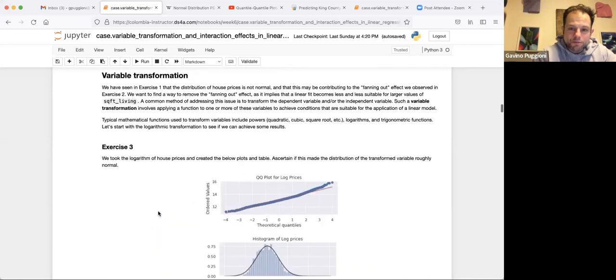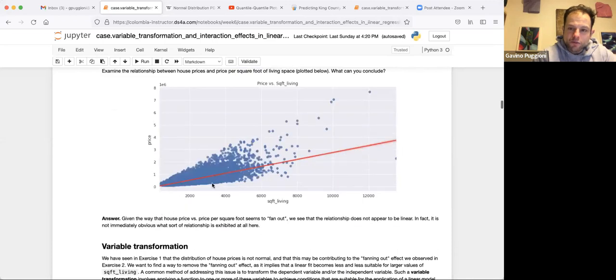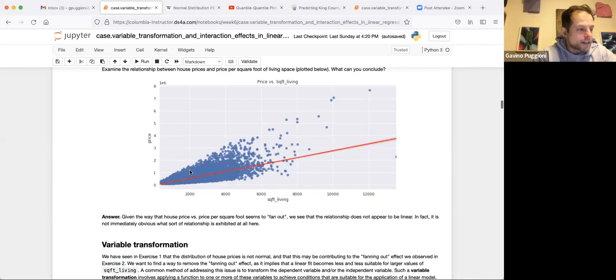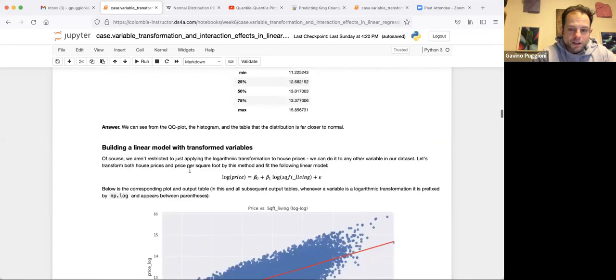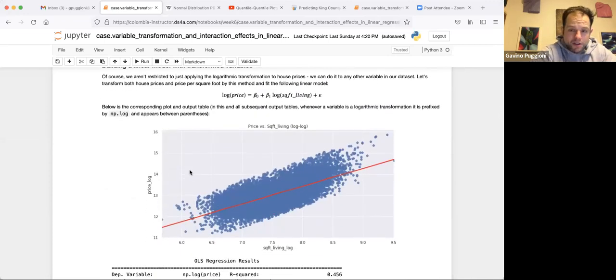Remember, this was the plot where the untransformed variables were fanning out. So we had a problem of increasing variance. Do you think that we addressed some of it? Yes.